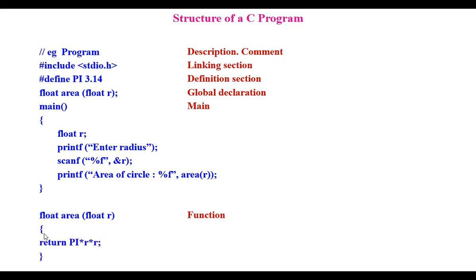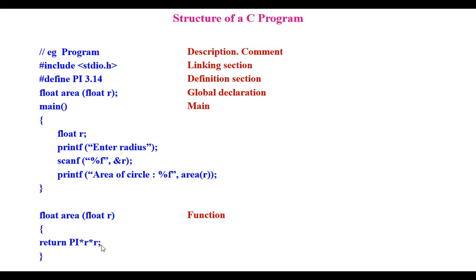This is the function. In curly brackets again we write return pi into r into r. Pi we have already defined; the pi value is 3.14. So 3.14 into radius, again into radius.